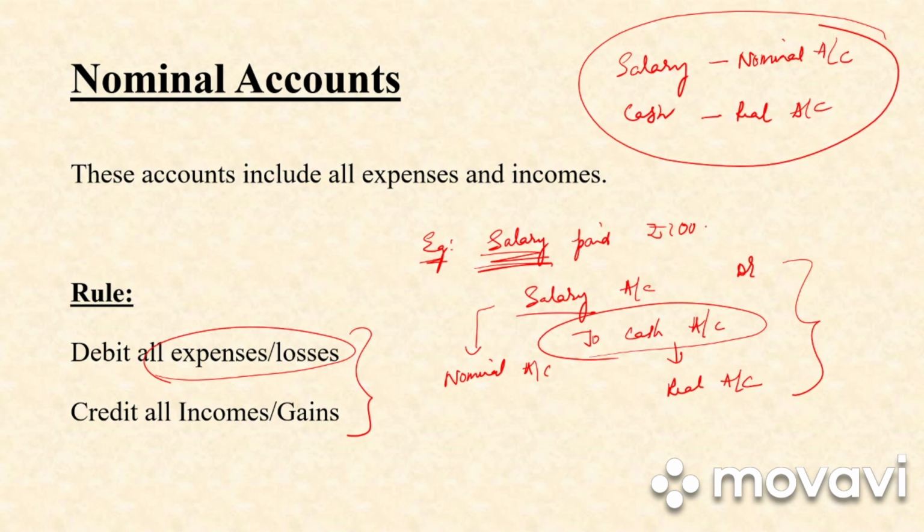Always remember one thing: outstanding salary, outstanding rent, pre-received rent, prepaid rent. All these will be a personal account and not a nominal account. Clear? They are representative personal accounts.